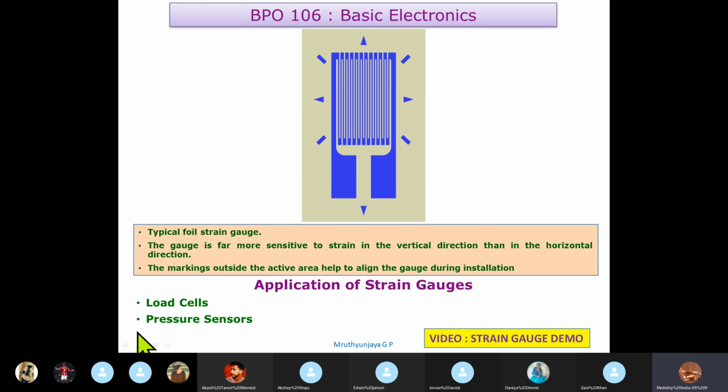In the pressure sensor also, in the same way, the pressure can be measured. The container on which we need to measure the pressure would have the strain gauge fixed on it, so the expansion of the container can give an indication of the pressure to be measured. Important topic. Hope it is clear.